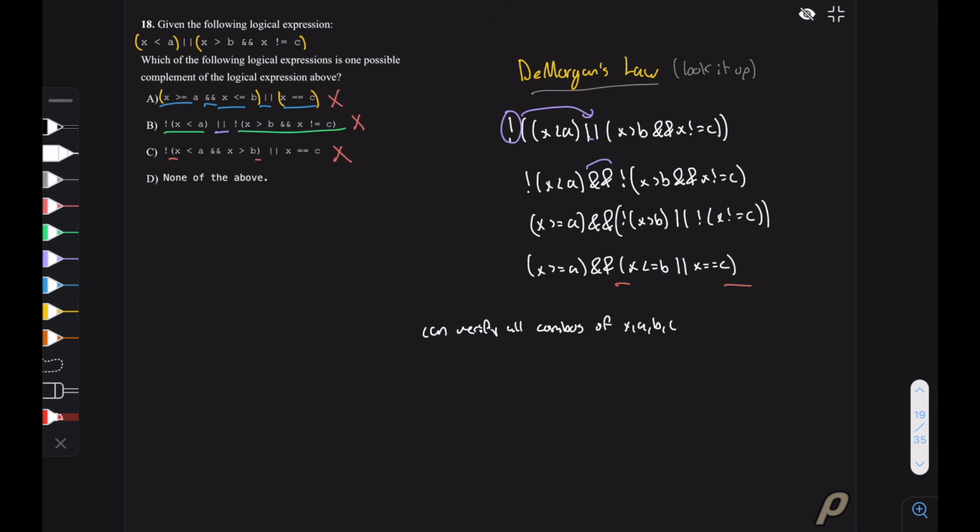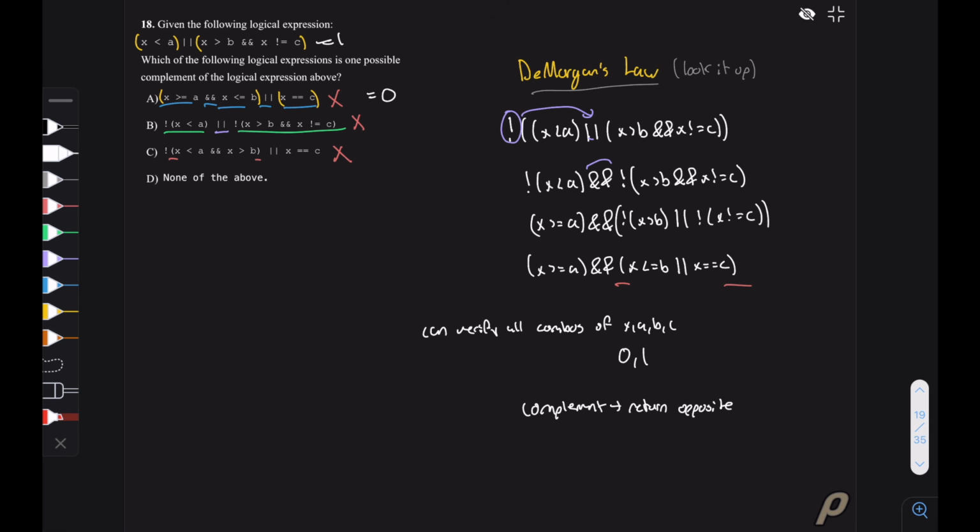So these can all either be 0 or 1. If you check all of these, then if it's a complement, it should return the opposite. So if the original expression returns a 1, then the complement should return a 0. And it should do that for every single 0 and 1 for every single x, a, b, and c.